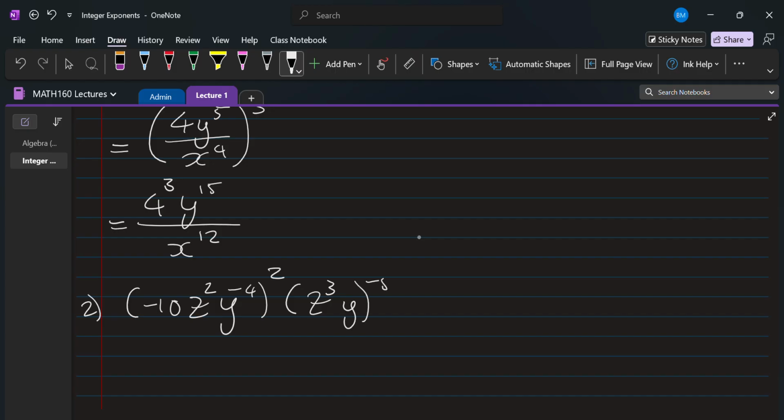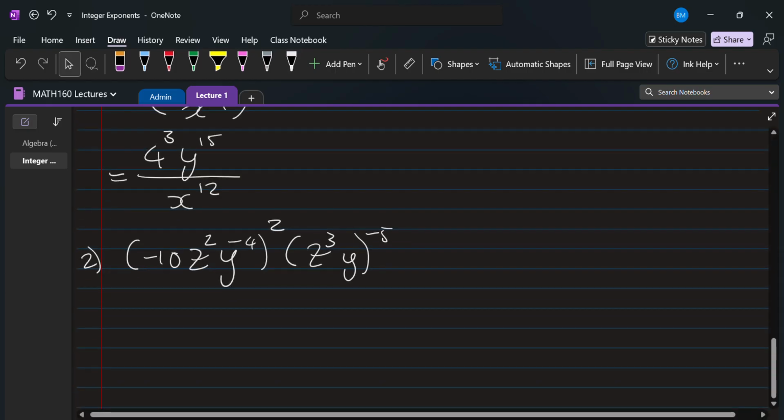Okay, number 2. We've got minus 10z squared, y to the minus 4, all squared, times z cubed, y to the minus 5. Okay, again, before we rush into things, let's see what we're working with. In the first bracket, we've got a product of things, and we've got y to the negative exponent.